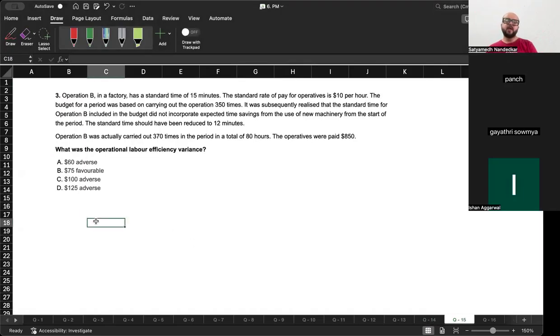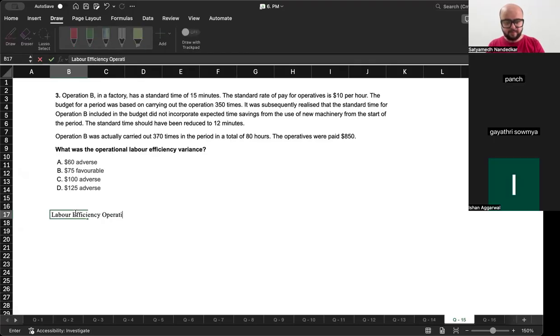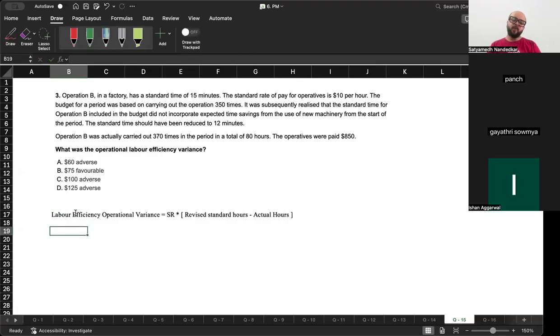अब ये देखिए. What was the operational labor efficiency variance? So, labor efficiency operational variance. कितना होगा? Efficiency variance means standard rate into what is the difference? Revised standard hours minus actual hours. Correct? Operation B in a factory has a standard time of 15 minutes.